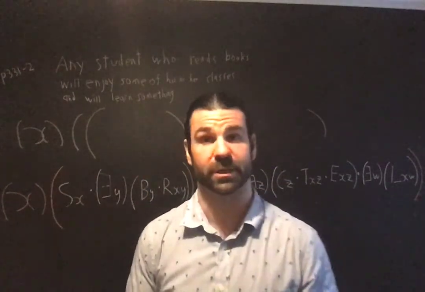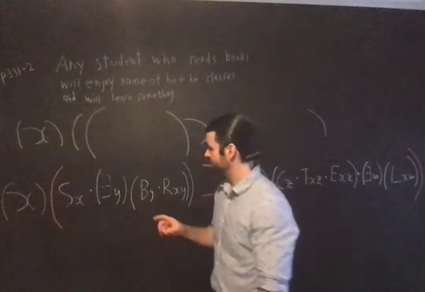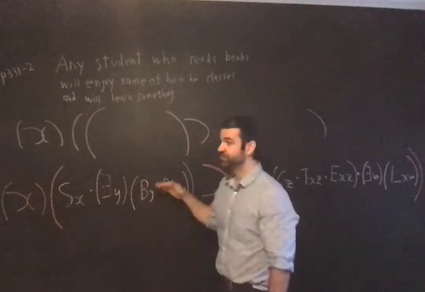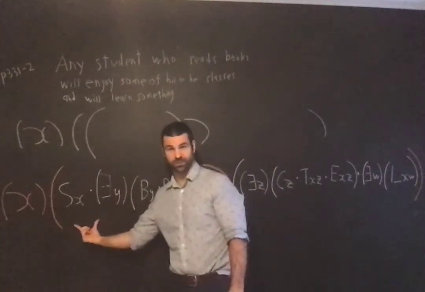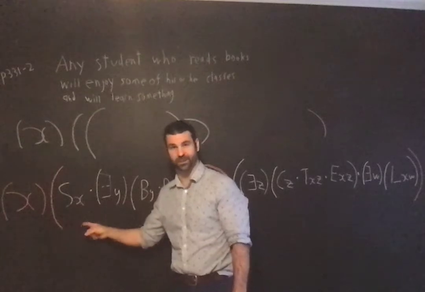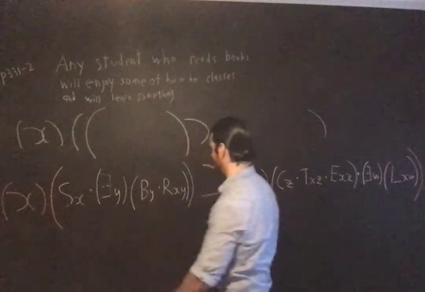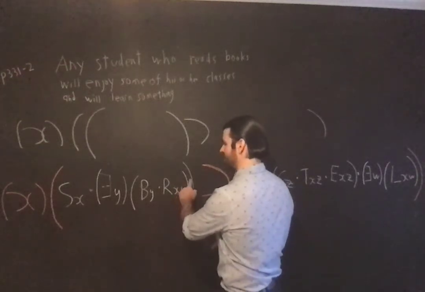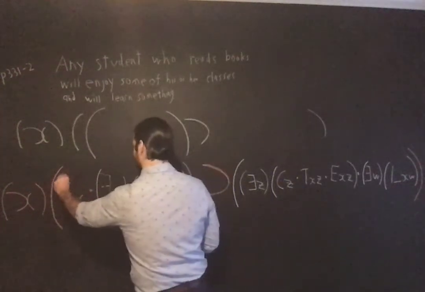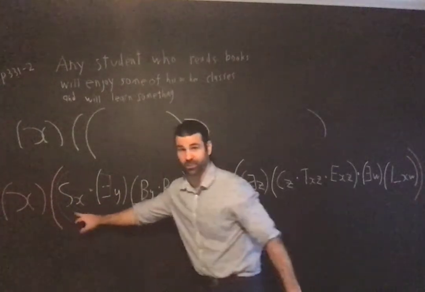First question, what's the major operator? It's a conjunction, it's the and, right? x is a student and x reads books, okay? x is a student, that's a simple monadic predicate, Sx equals x is a student. So that's my first conjunct. My second conjunct is, because of that, and this goes with this, and that goes with that, I'm missing a bracket there.